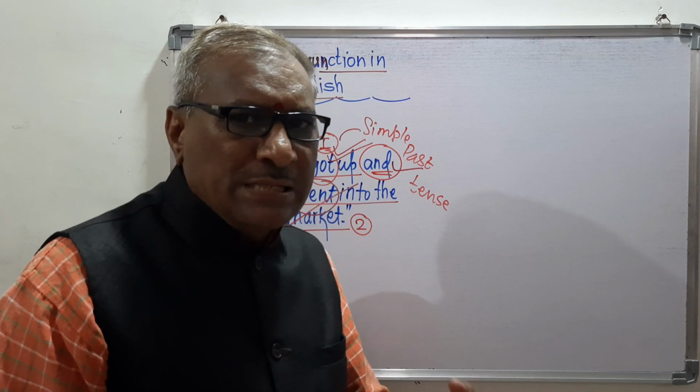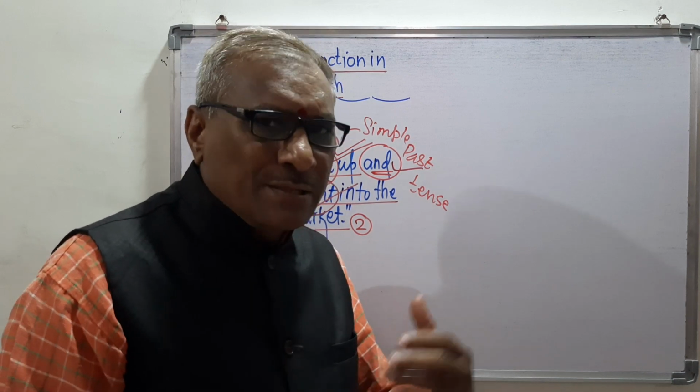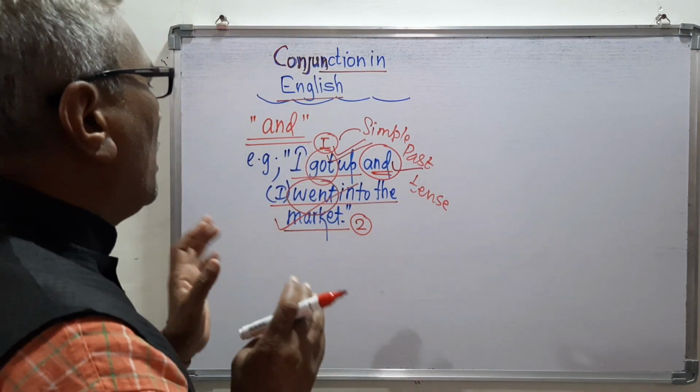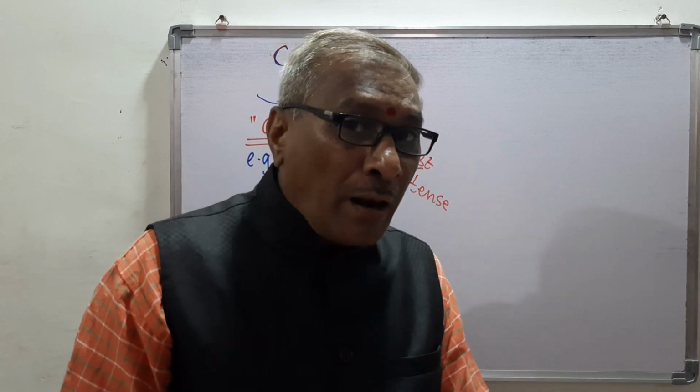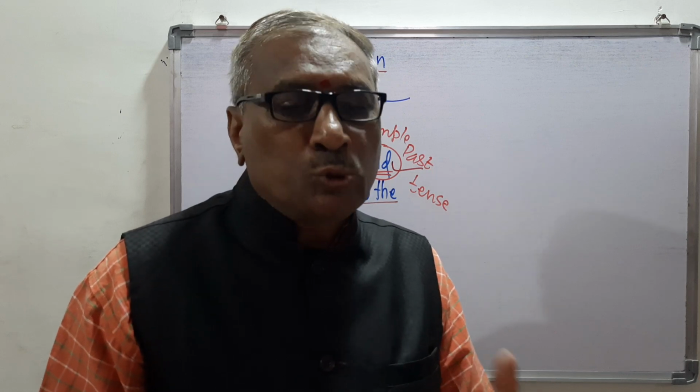If the first sentence is in the simple past, your second sentence should also be in the simple past. Or if your first sentence is in the simple future tense, your second sentence also should be in the simple future tense.